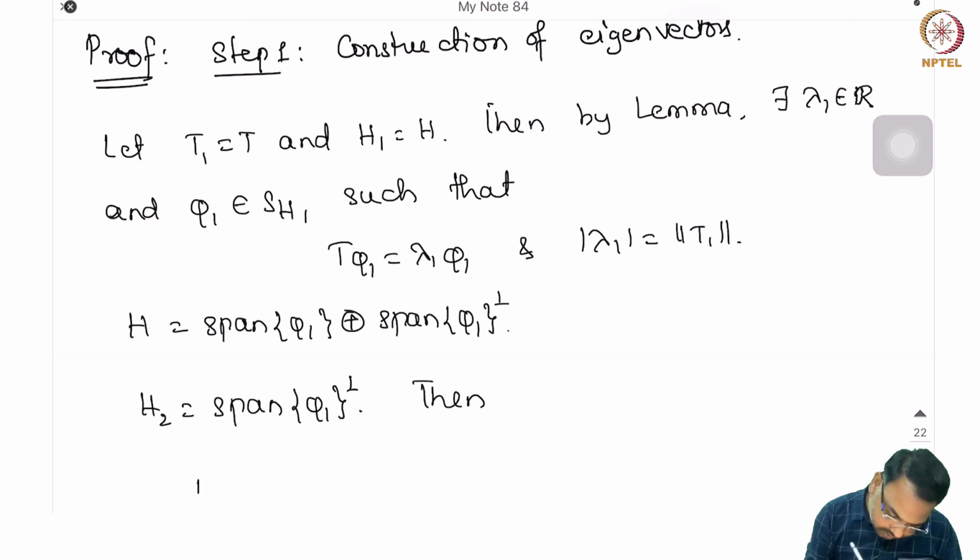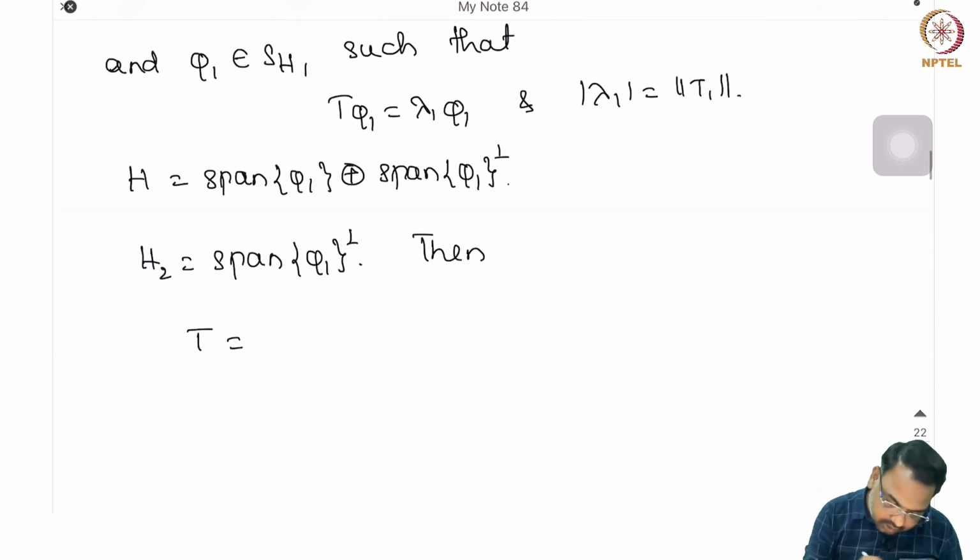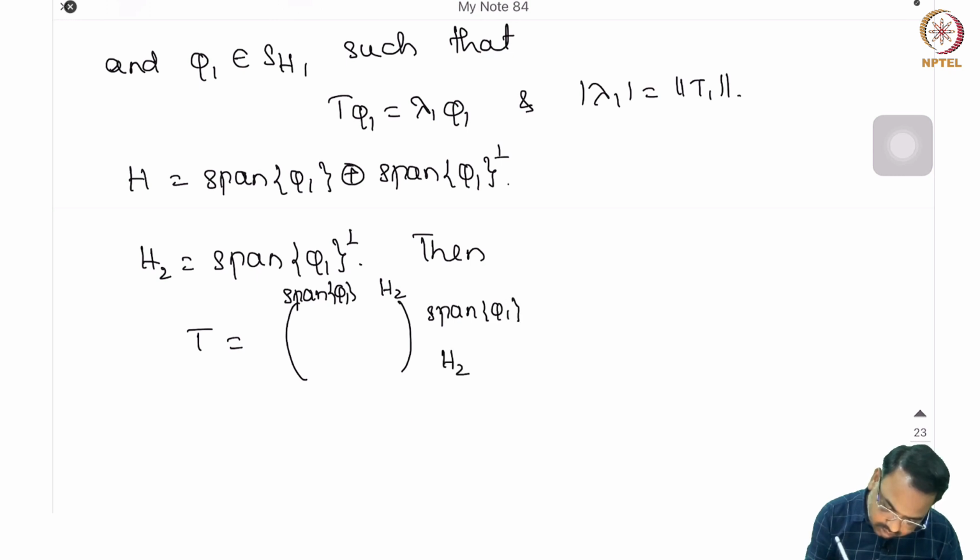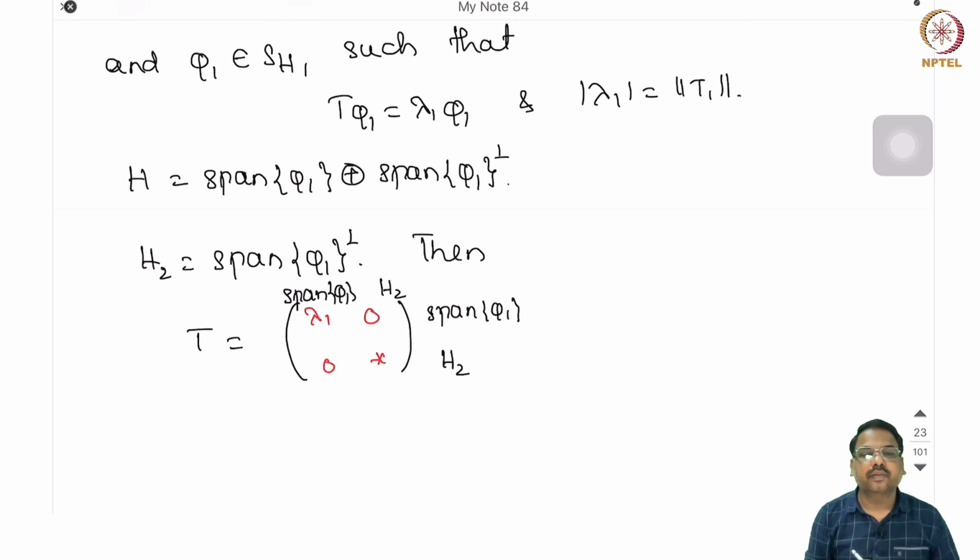Then T can be written, with respect to these two spaces, span phi 1 and H2, as lambda 1, 0, 0 and some operator here, because span phi 1 is an invariant subspace for T and T is self-adjoint, hence we can conclude that it is reducing. Because of that we get the off-diagonal entries to be 0.